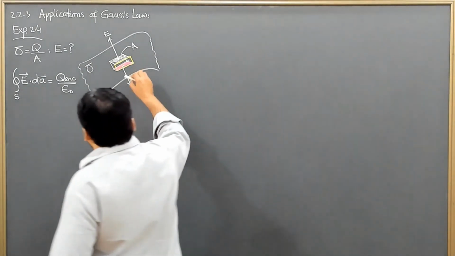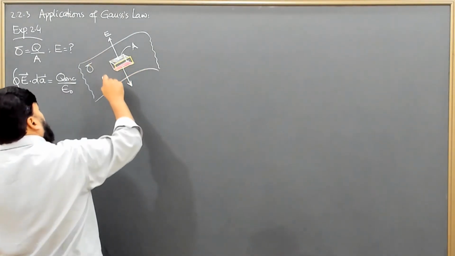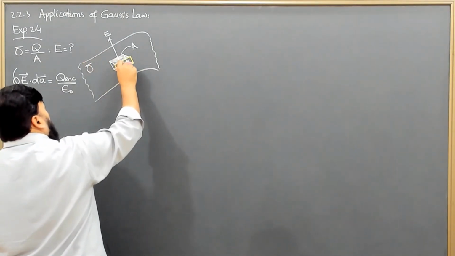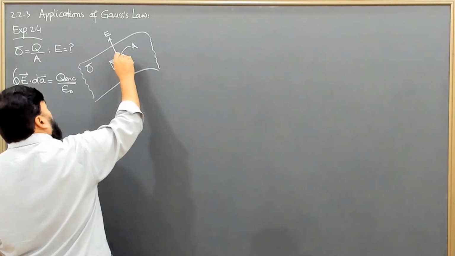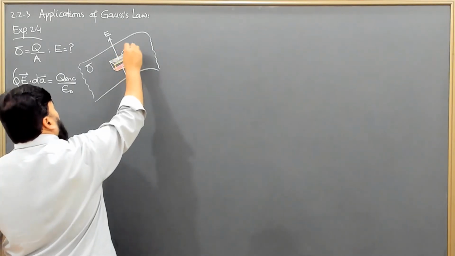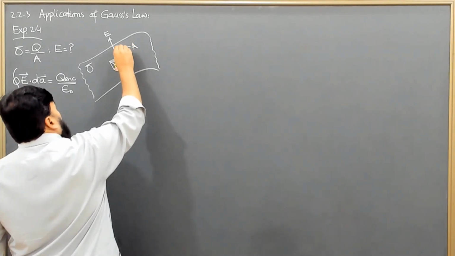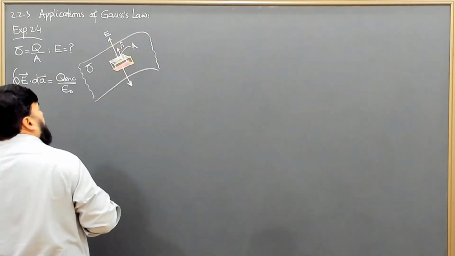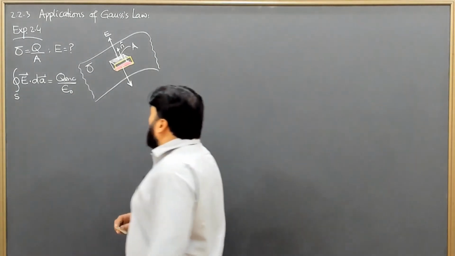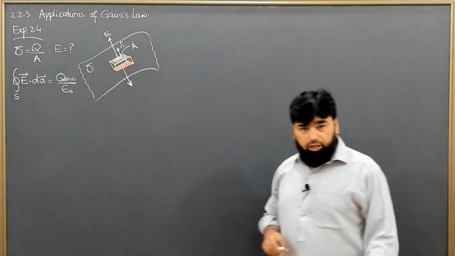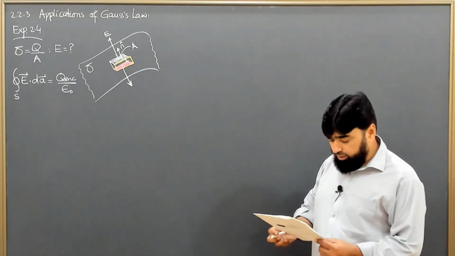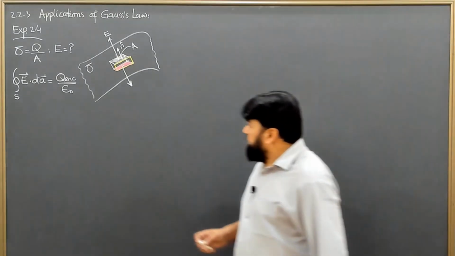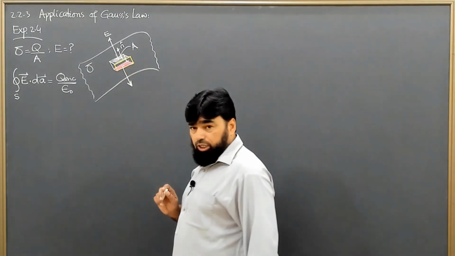If I look here, the electric field lines are in this direction, and this area is also in this direction, which is the perpendicular direction, which we represent by the unit vector n, the normal vector, and similarly downward here as well.